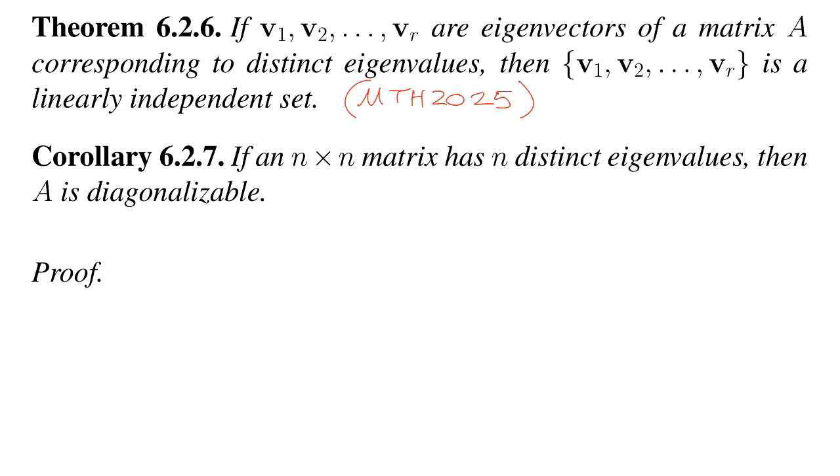Then you've immediately got n independent eigenvectors, because the theorem above says that eigenvectors from distinct eigenvalues are independent. Being able to pick n independent eigenvectors is equivalent to being able to diagonalize your matrix. So if all your eigenvalues are different, you've got n of them, you can diagonalize A.